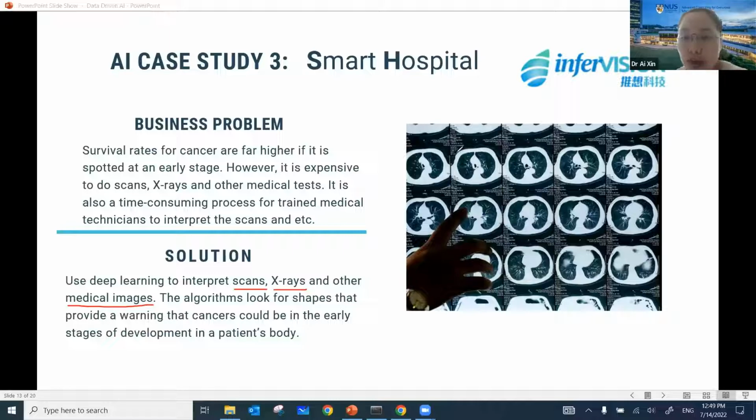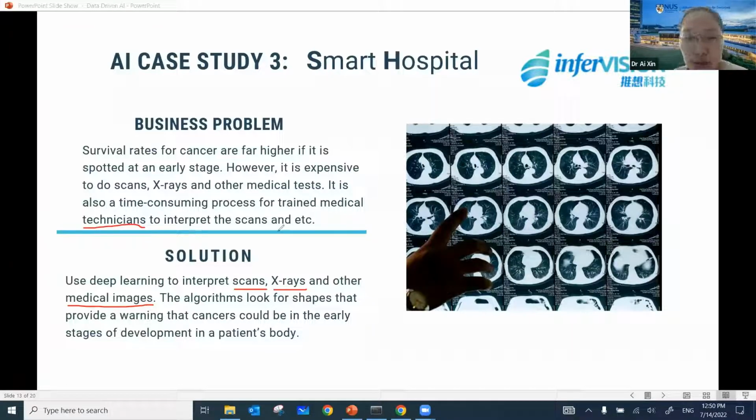I think there was a competition a few years ago where some hospital let their physicians and technicians interpret the scan, then they let the AI model interpret. The AI model definitely ran much faster, and in the end, it actually achieved higher accuracy than the real technicians.